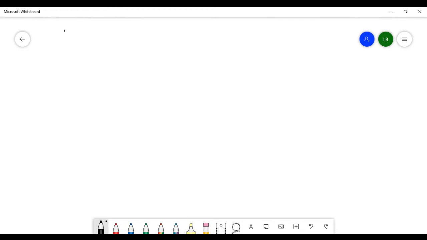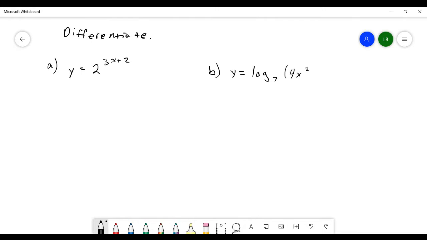So go ahead and take the derivative. y equals 2 to the 3x plus 2, and y equals 2x plus 2 times log base 7 of 4x squared minus 1. Yeah, we'll start with just those two.